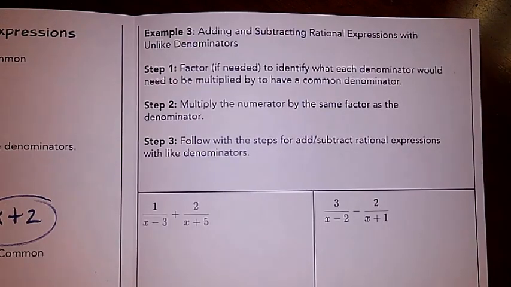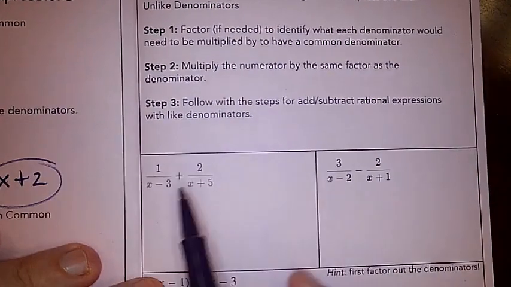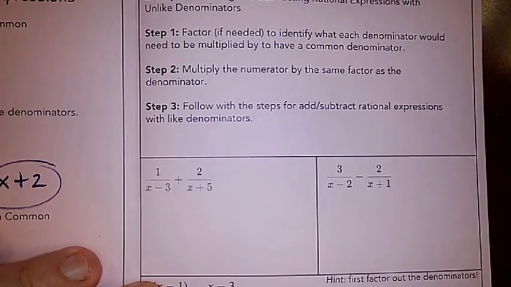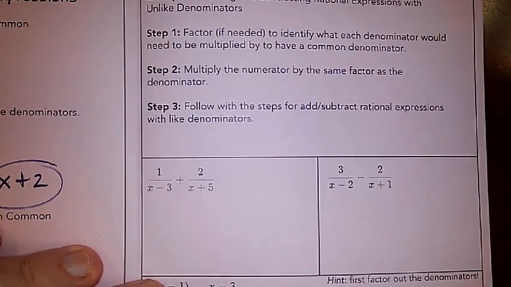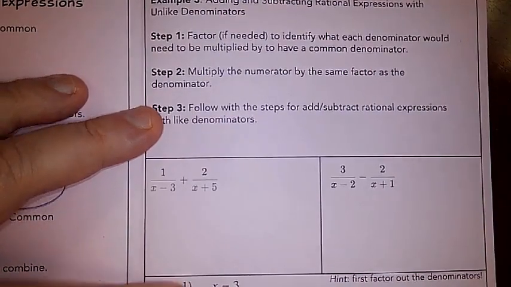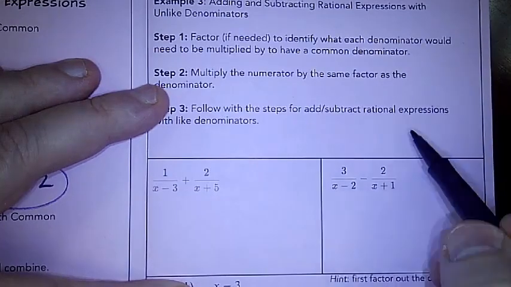So when I look at this first example here, I notice my denominators are x minus 3 and x plus 5. Now, if I were doing a problem with just numbers, so say for instance, I'm not rewriting this, but I'm just going to do a separate example here.